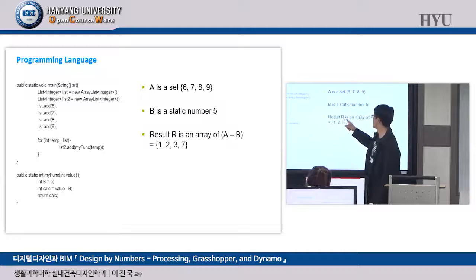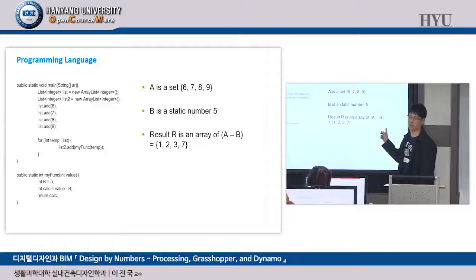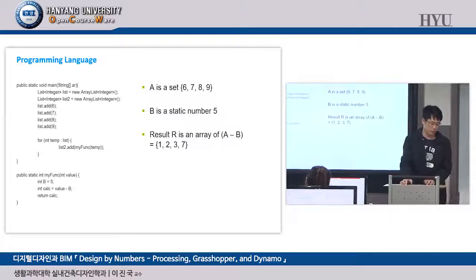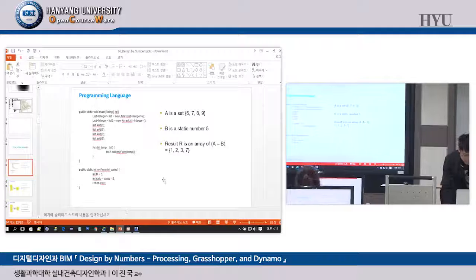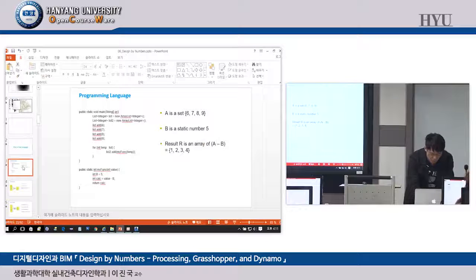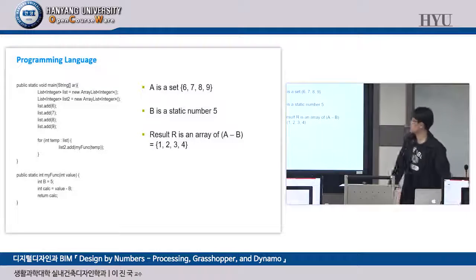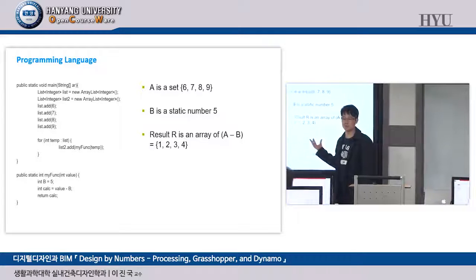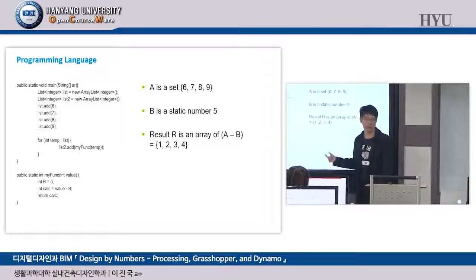Result R is an array of A minus B, which means 6 minus 5, 1, 7 minus 5, 2, 8 minus 5, 3, and 9 minus 5. Actually, it's wrong, okay? So this one, of course, 4. Okay, this is the algorithm, the approach, the definition of a simple operation.